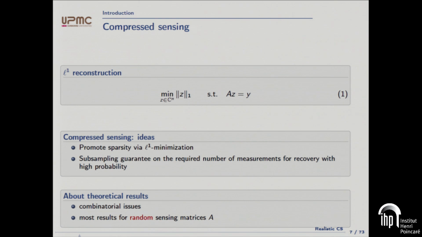So meaning that if you have something random, you're going to have a recovery with high probability. And yeah, so this is the goal. You want to have a minimal number of measurements m in your sampling matrix A, but A is going to be considered as random. So you want to ensure the reconstruction of x, the signal, using the L1 minimization problem with high probability.